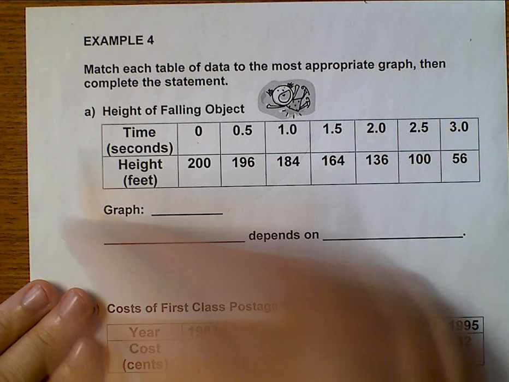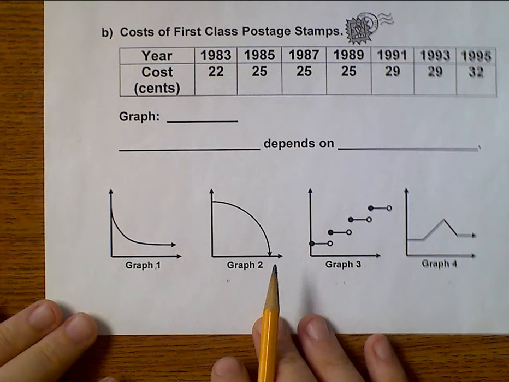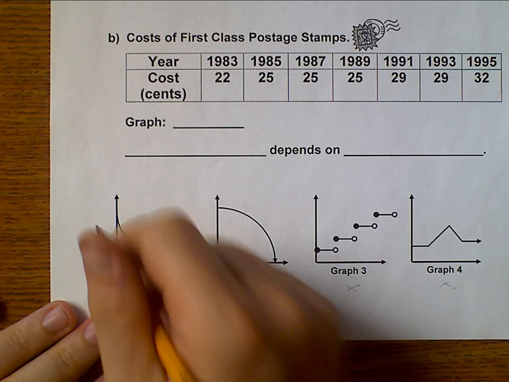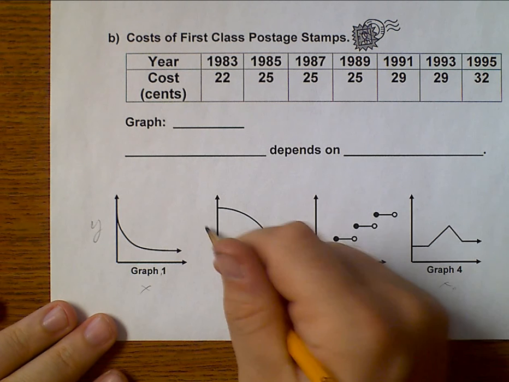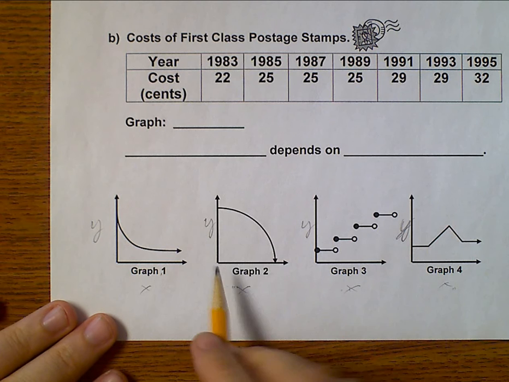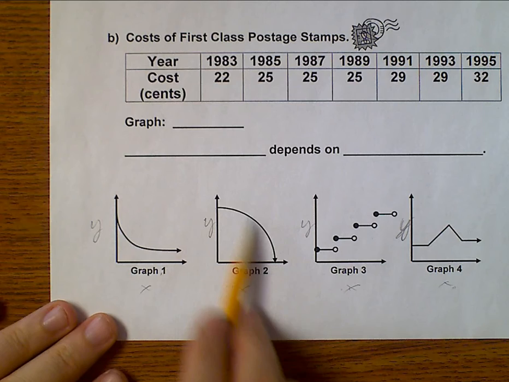This is X and Y. And so that would be this one, because as time goes on, we go down.